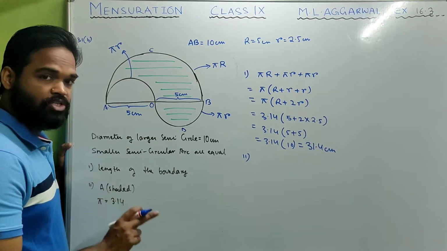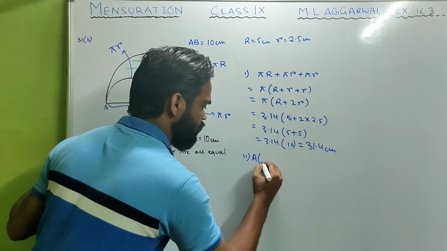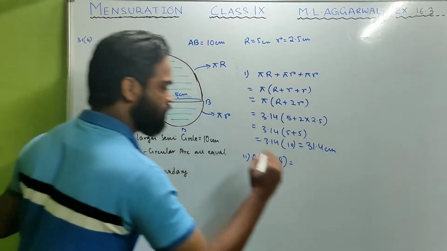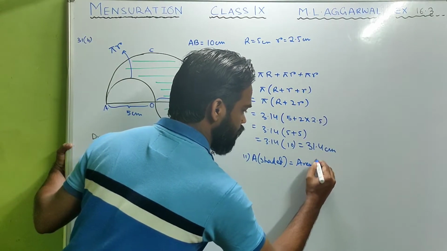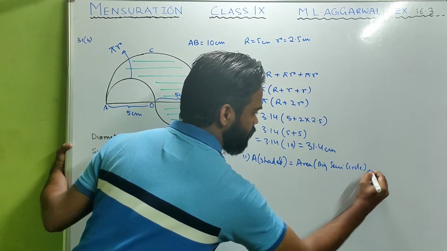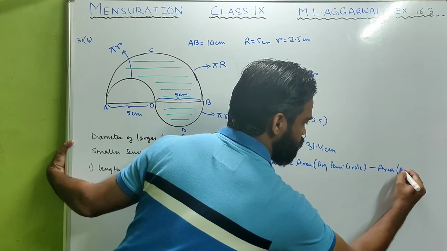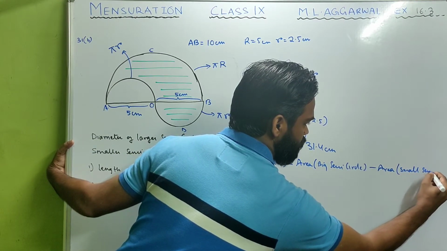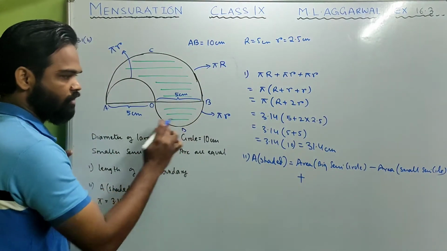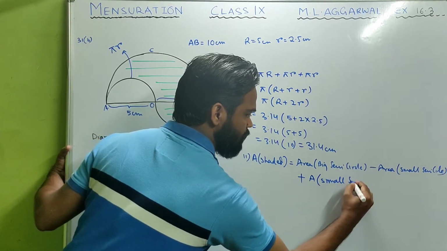Then they ask the area of the shaded region. Now look carefully. Area of the shaded region will be area of the big semicircle minus this part, which is area of small semicircle, plus this part, which is area of again small semicircle.